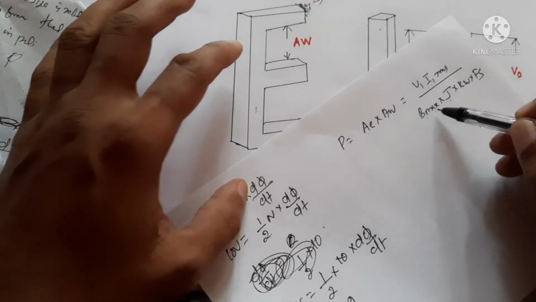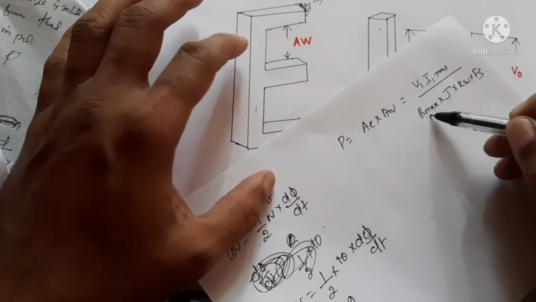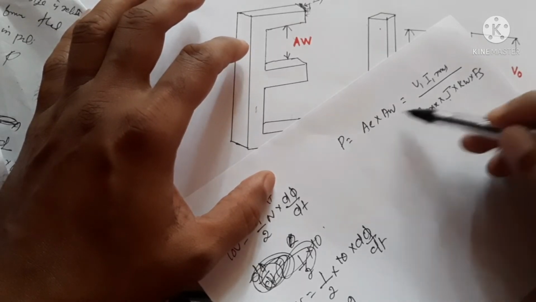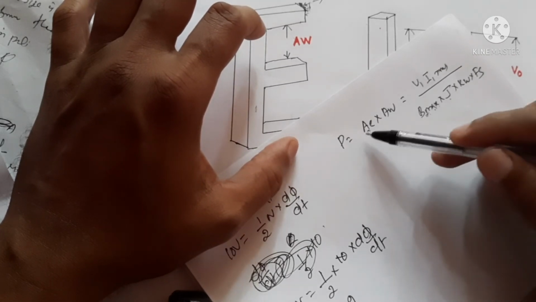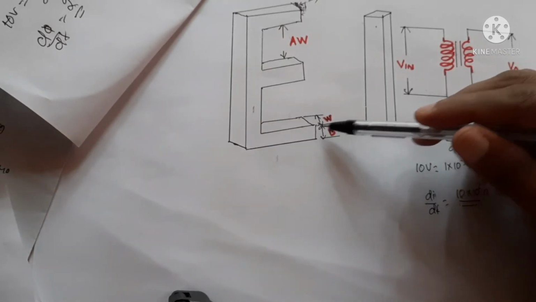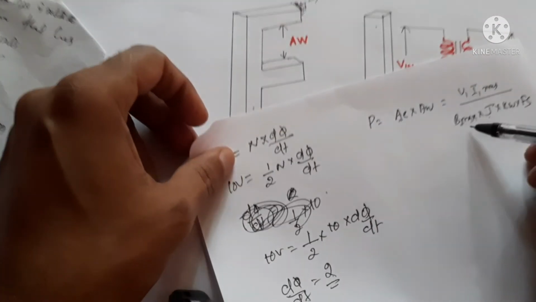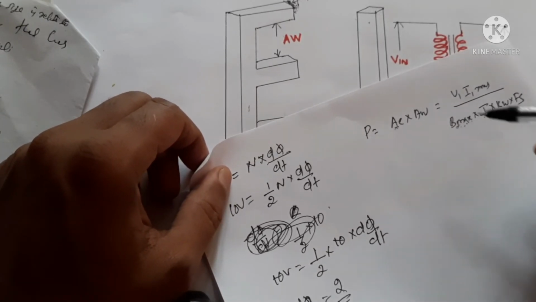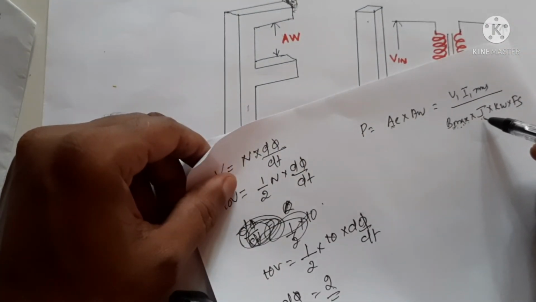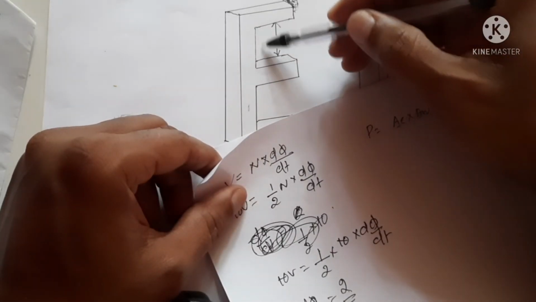If B max is high, meaning the core material has more capability, then a smaller core area is needed. If the core can handle more flux, then less area is needed. The core area has to be low if B max is high, and if J is high, meaning the wire can carry more current, then this area also has to be limited.